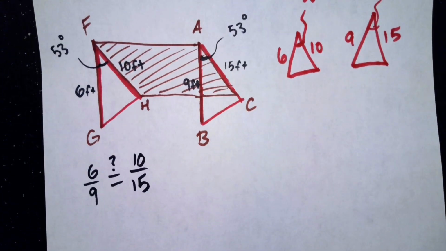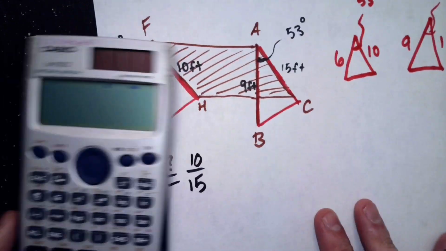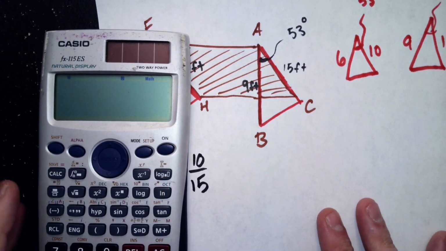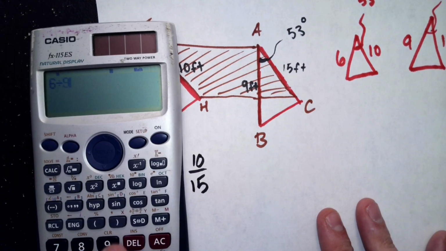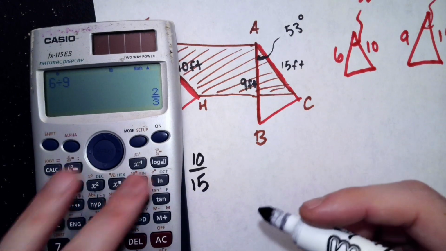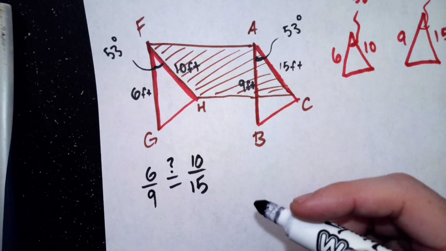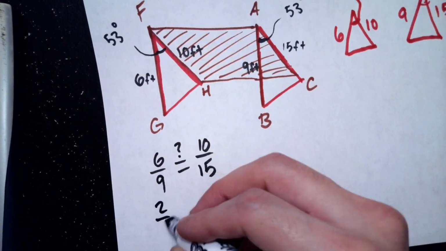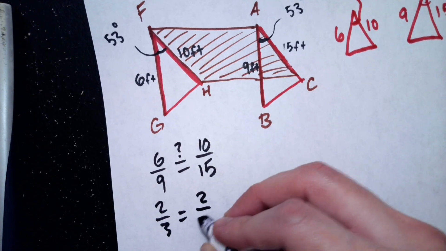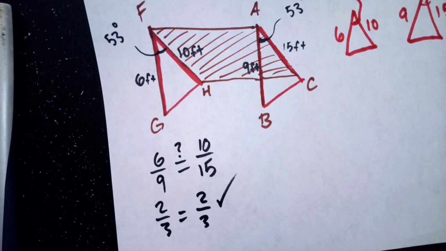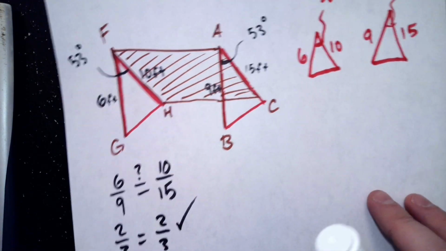Typing this in the calculator or solving it very briefly, 6 divided by 9 gives me 2/3. 10 divided by 15 also gives me 2/3. So we have 2/3, 2/3. So the sides are in proportion.